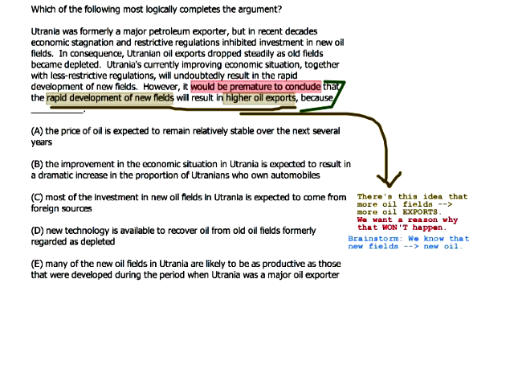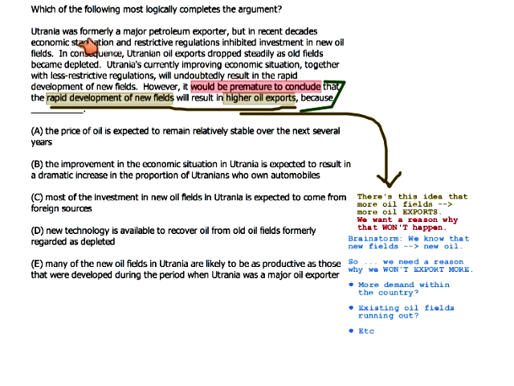So we need a reason why we won't export more. That could mean more demand inside the country, or maybe existing oil fields that are running out of oil or something. All right, but this is before we even read the rest of it.